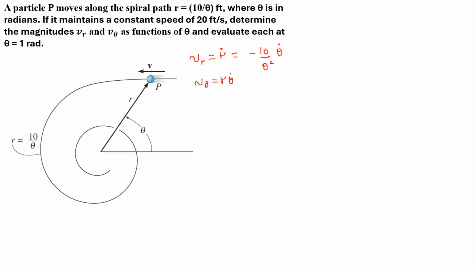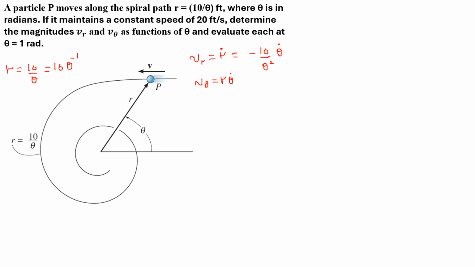I know that some students maybe forget how to do that, so let me show you what we did here. We have r equal 10 over theta, which is also equal 10 times theta to the power negative 1. I just took theta from the denominator to the numerator.